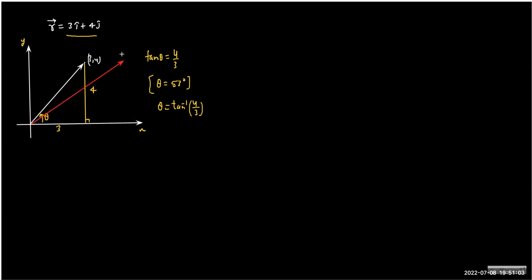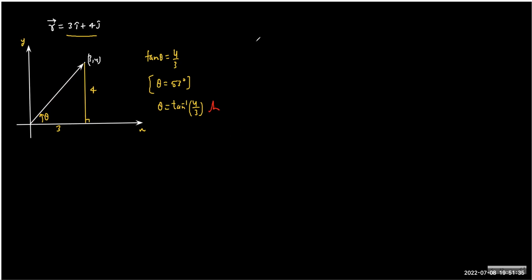I have to turn by 53 degrees. Correct. And in which sense are you turning? Clockwise or anti-clockwise? Anti-clockwise. So as per the convention, if we turn anti-clockwise, the answer must be positive. So this will be my answer.